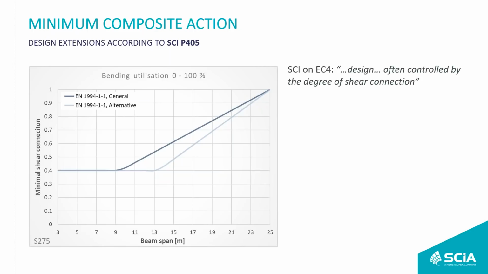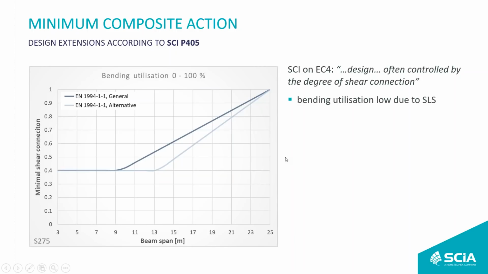To give you an idea about the SCI publication P405, according to the Steel Construction Institute, the design of composite beams is often controlled by this requirement to have a minimum degree of shear connection. This is also coming from the fact that the beam utilization, let's say the bending utilization, is assumed to be 100% in the Eurocode context.